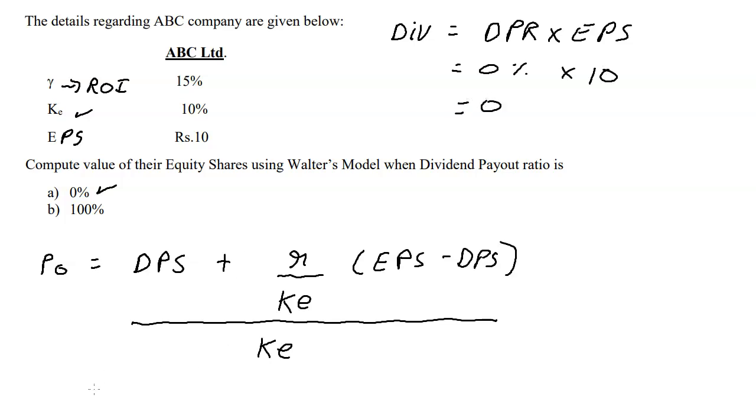That means if we substitute this going further, we have 0 plus R, which is 15%, and in brackets we have 10 minus 0 upon 0.10, and then the whole thing upon 0.10.